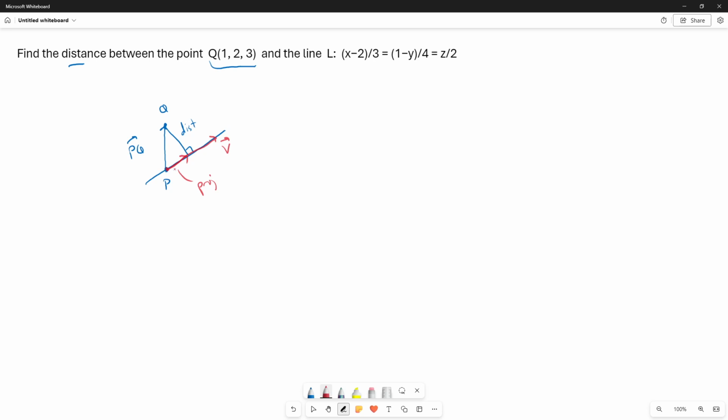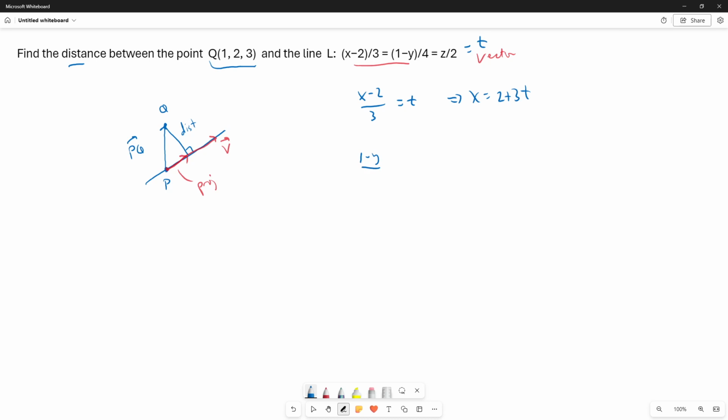So we need this point P on the line and direction vector V, so let's take the symmetric form and transform that into the vector form. In the symmetric form, each of these fractions are equal, so we can say they're equal to some parameter t, and we'll use that as our parameter in the parametric form. So (x minus 2) over 3 is equal to t means that x is equal to 2 plus 3t.